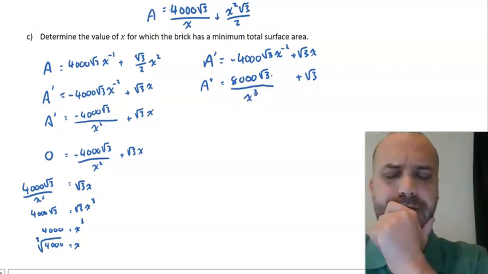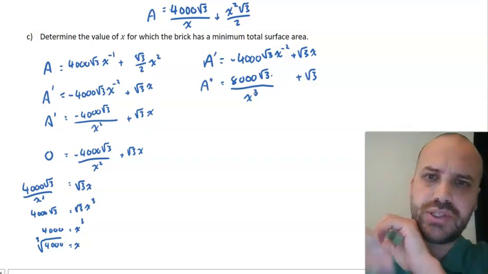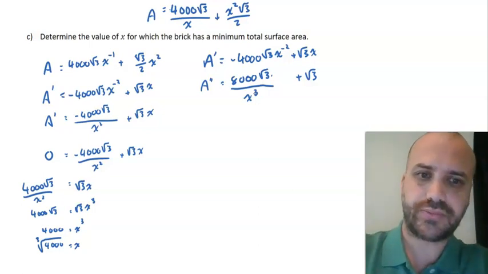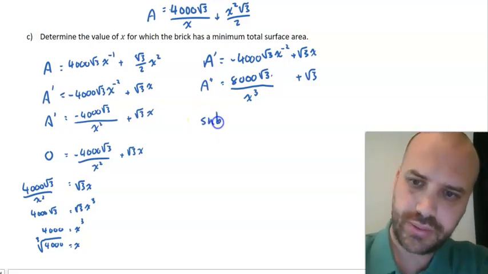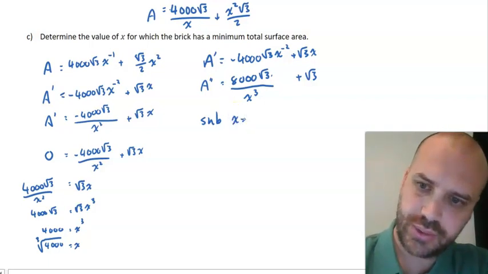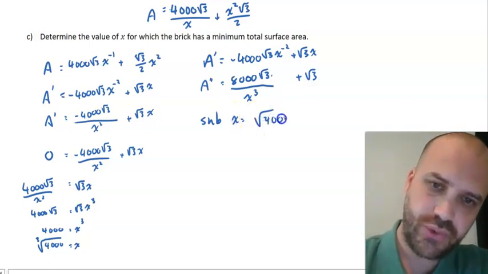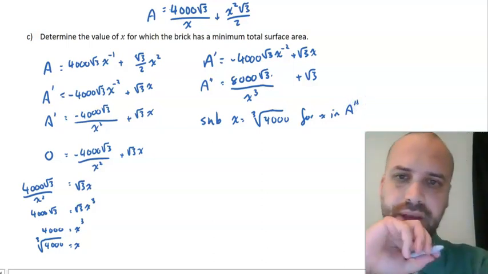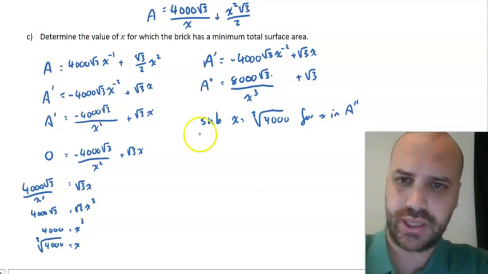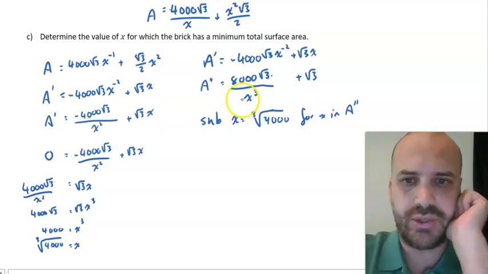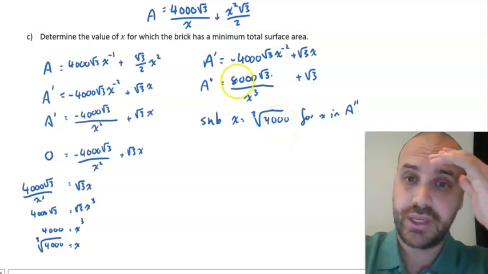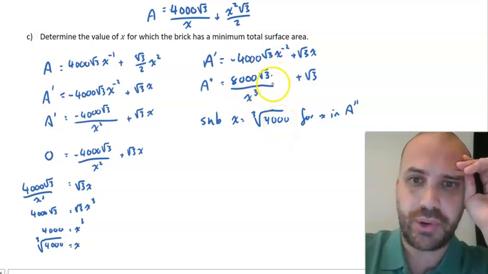Now, what do we know? We know that something's going to be a minimum when the second derivative is greater than 0. So sub x equals the cube root of 4,000 for x in the second derivative. Now, when I do that, let's look at it. The only x value is there, right? The cube root of 4,000 is a positive number. So 8,000 root 3 is a positive number.